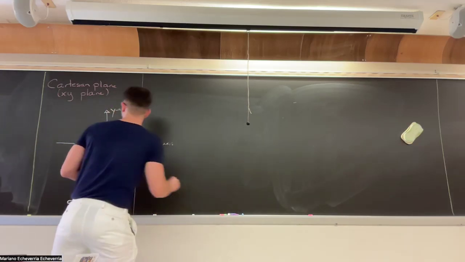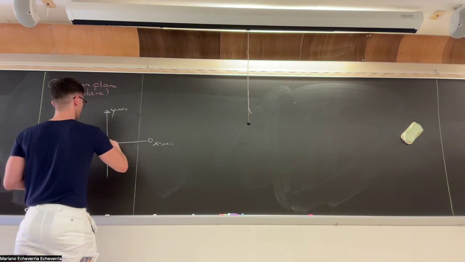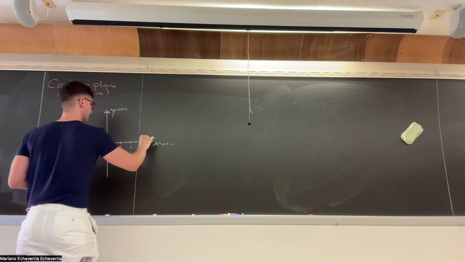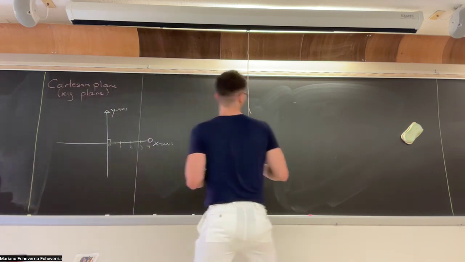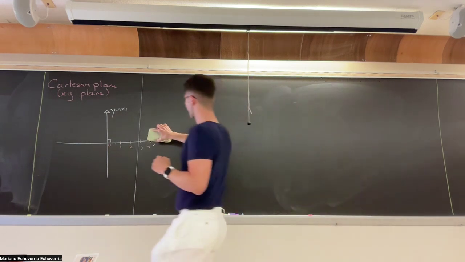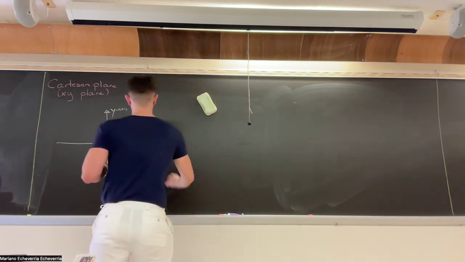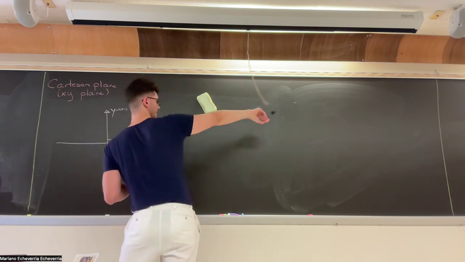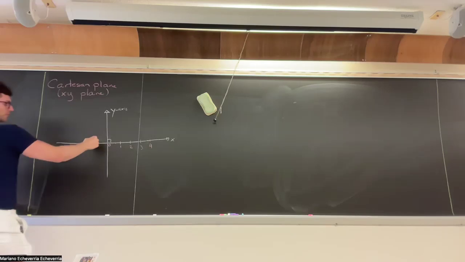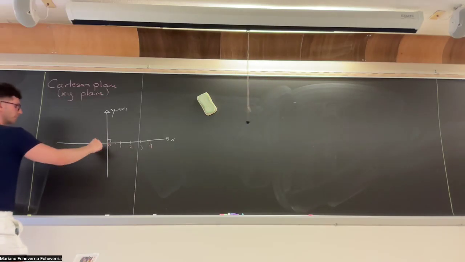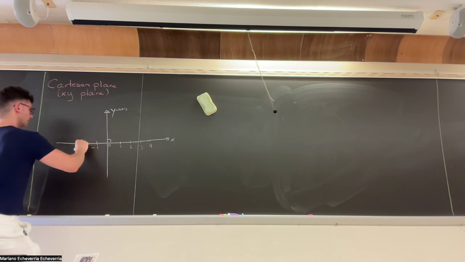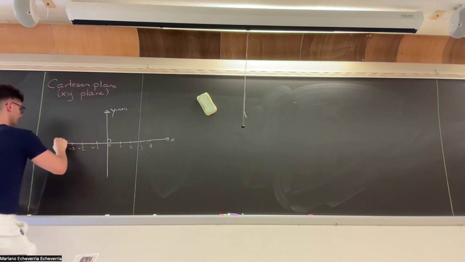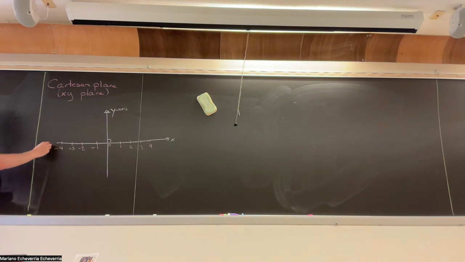So for example, this is 0, 1, 2, 3, 4. Well, this keeps going, right? 4, 5, 6, etc. And to the left of 0, which is where the two lines meet, you would put -1, -2, -3, -4, and that keeps going.